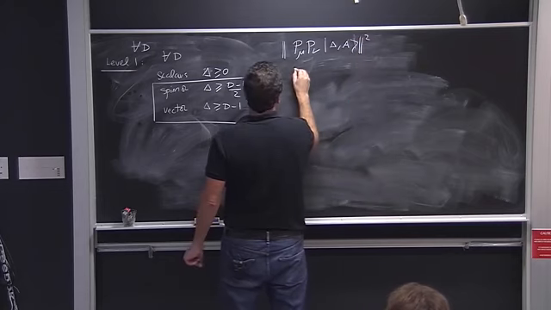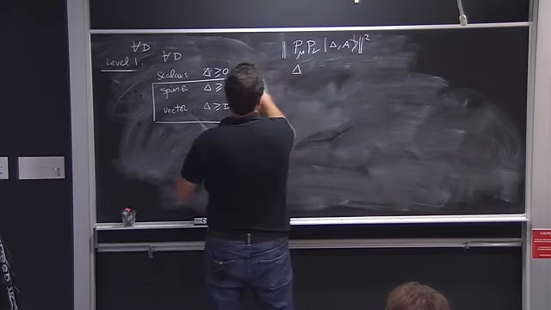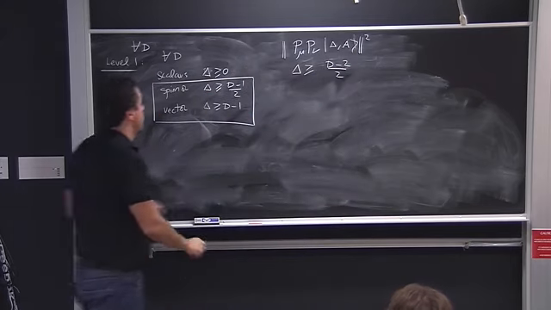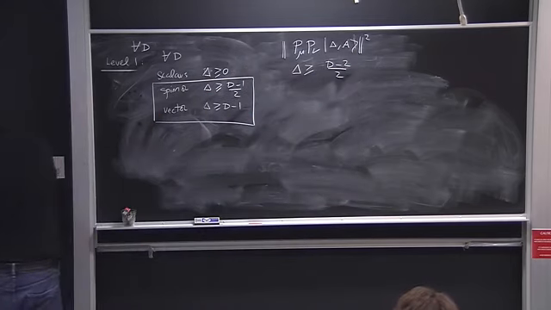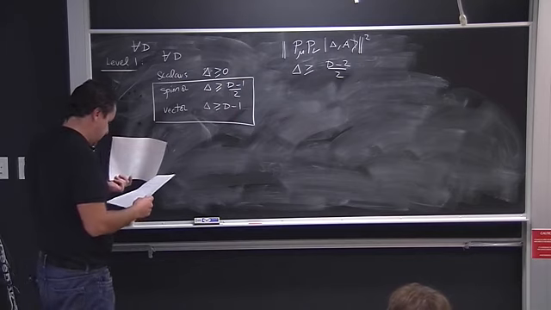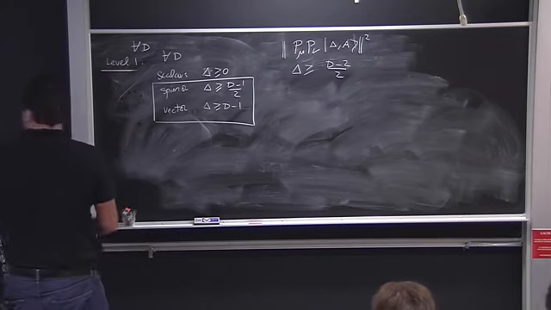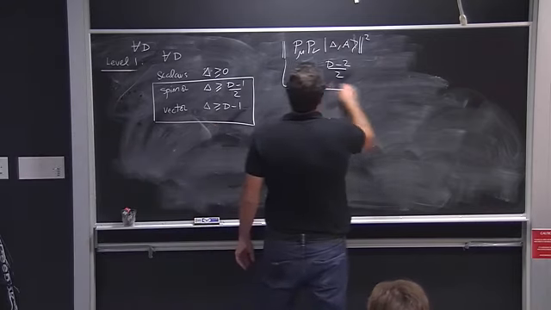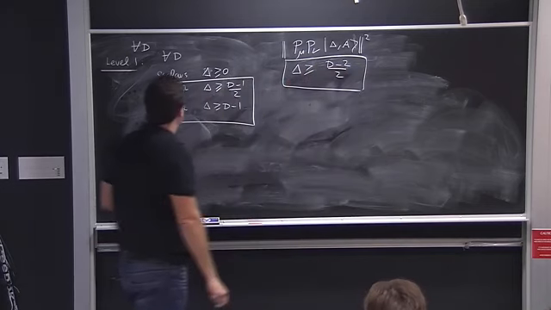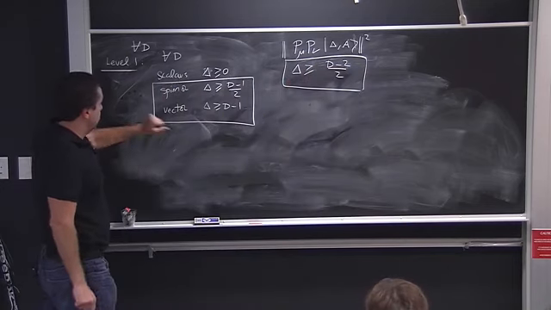In that case, the bound is made stronger. I don't want to show you any of this because it's a bit over the top. So for scalars, this is the bound, for spinors this is the bound, and for vectors this is the bound.